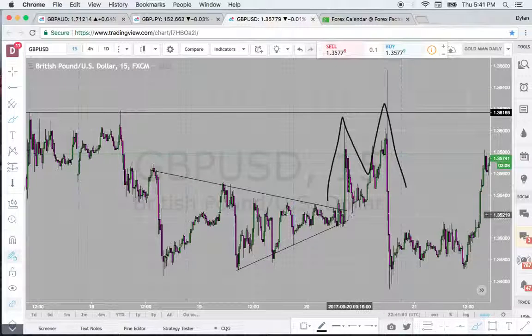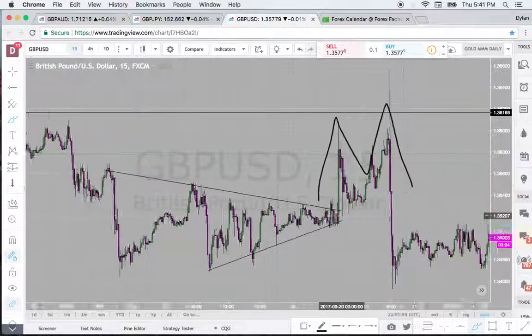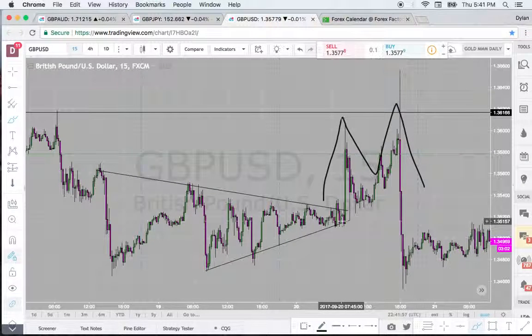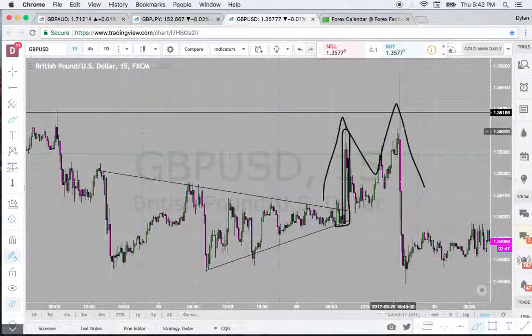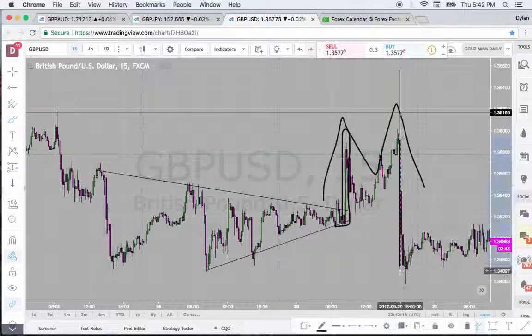The second leg of the wedge formation, the first leg, the breakout of this wedge creates the first leg of the M. So here's the first leg, and then the second leg of the M you can see was that stop hunt above the high and then dropped.